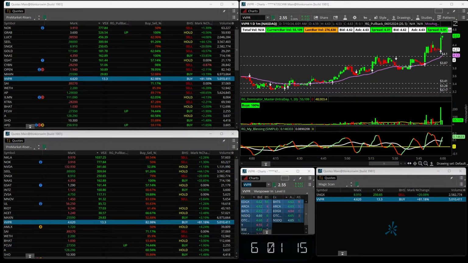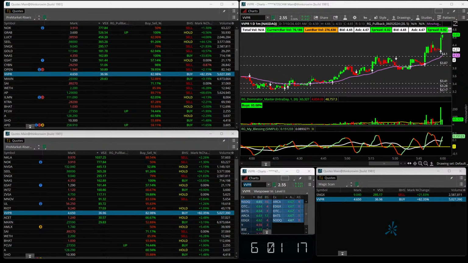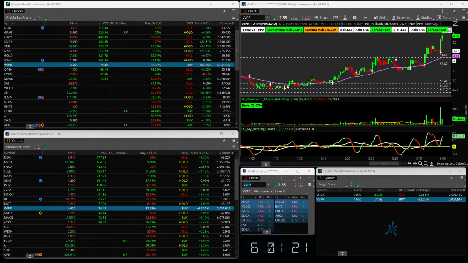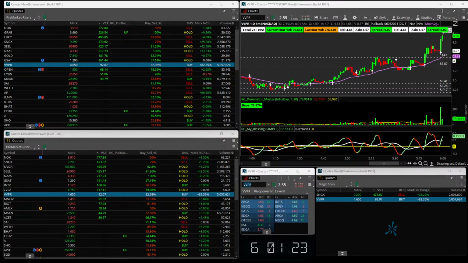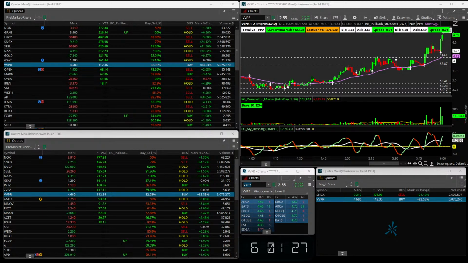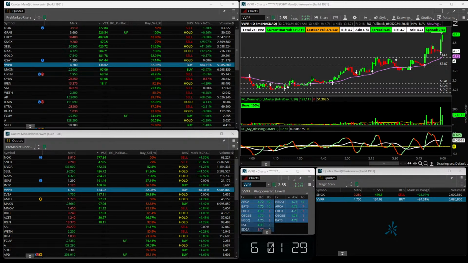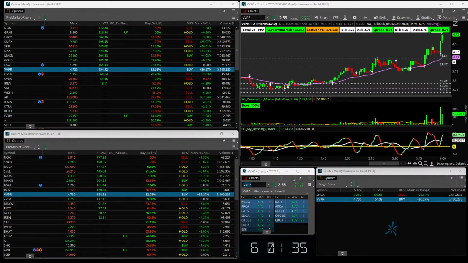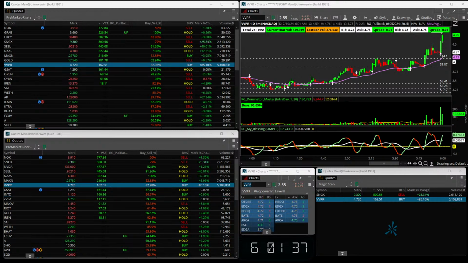Not liking the activity in this one. It's not just taking off like it should. It is slowly creeping up. We are gaining a few pennies, but not a whole lot of buyers yet so far. It is holding this price range. That's a good sign. Creeping up very slow.